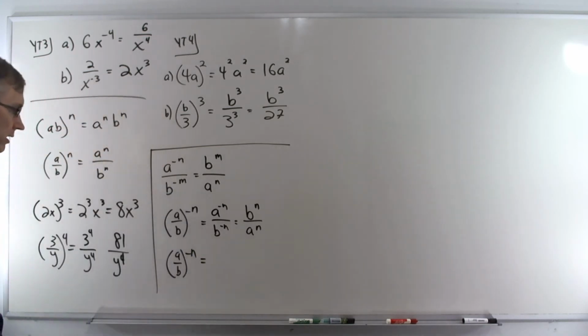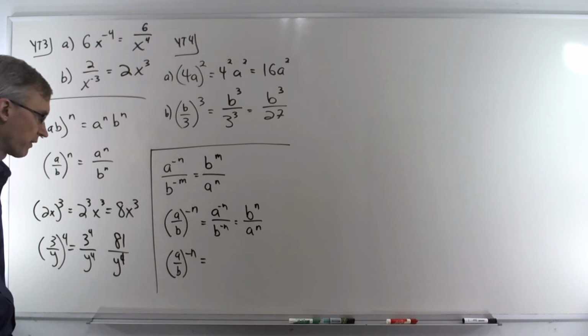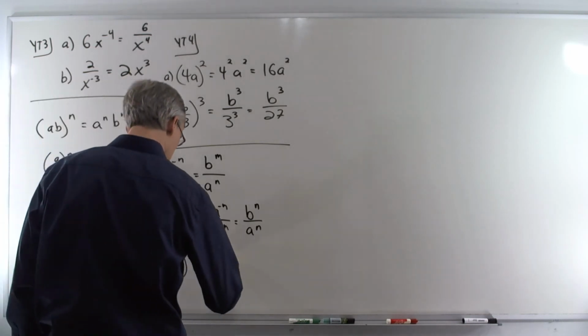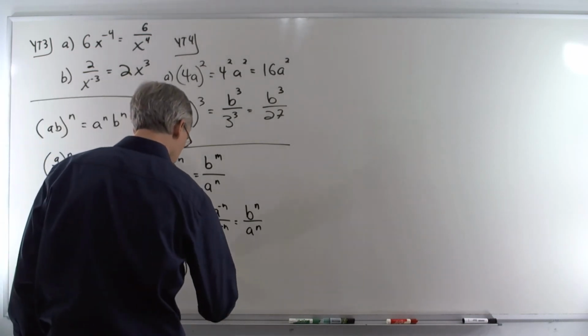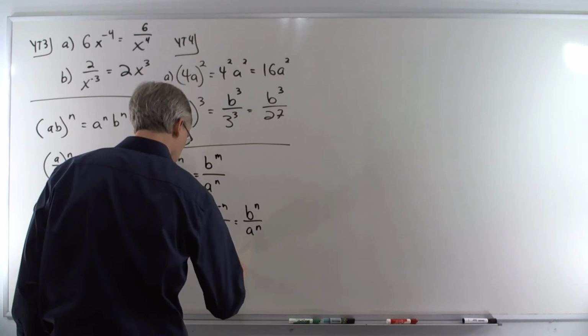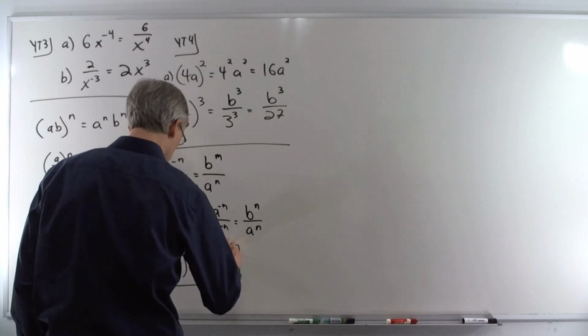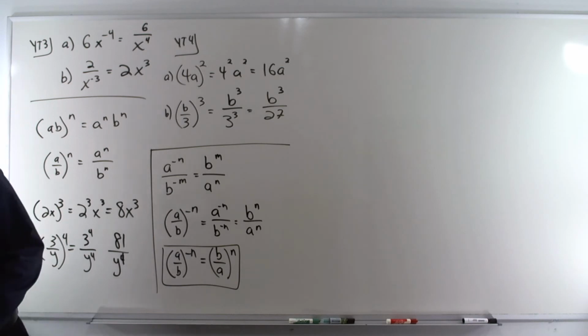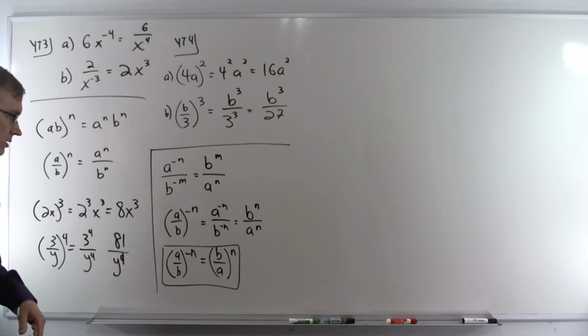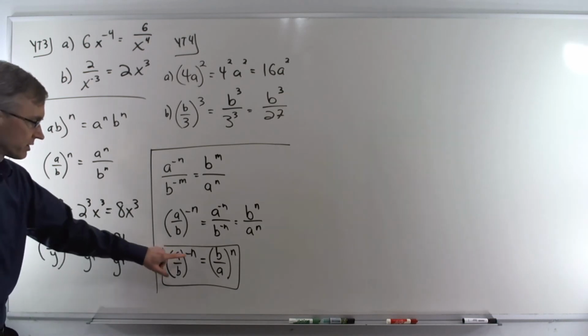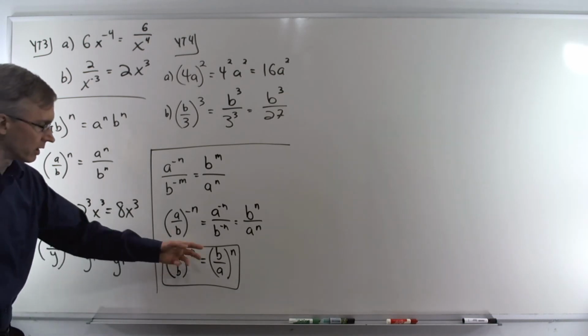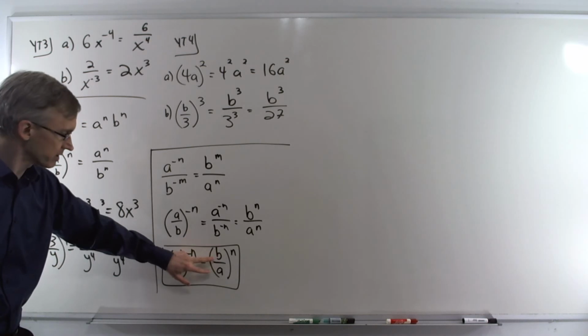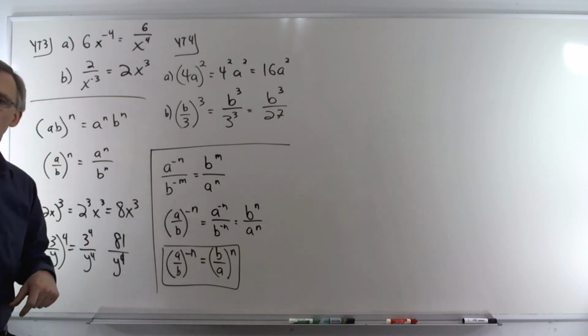What we can do here is just flip the fraction over. And there's our second rule. So what this one says is if you have a fraction to a negative exponent, you can flip the fraction, becomes its reciprocal, and the exponent becomes positive.